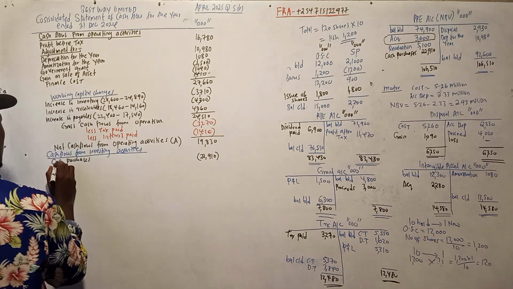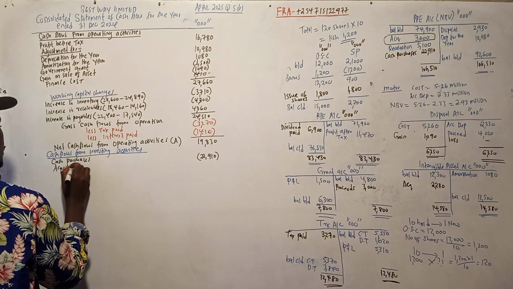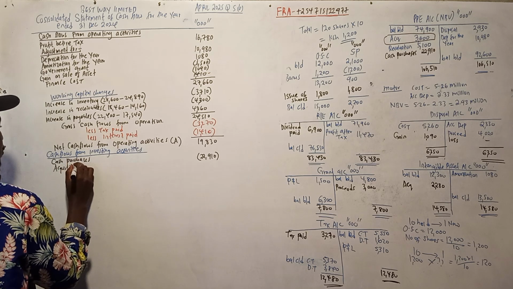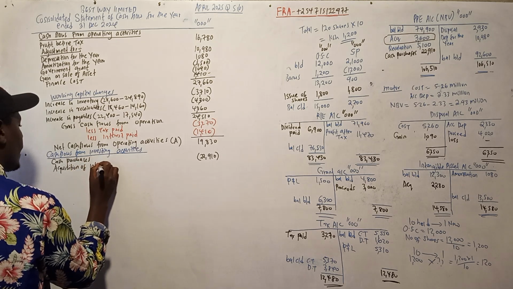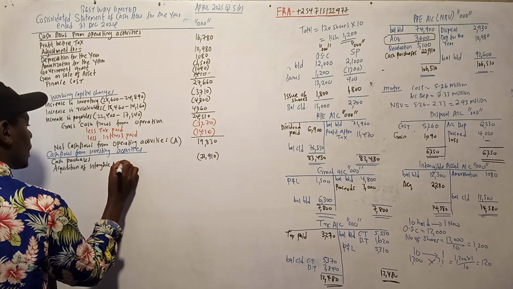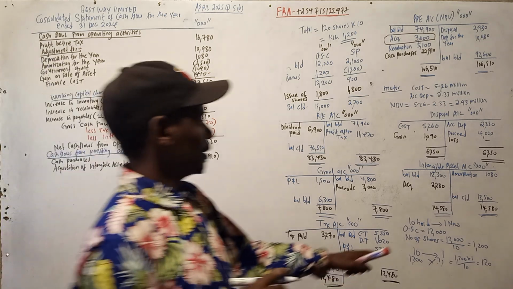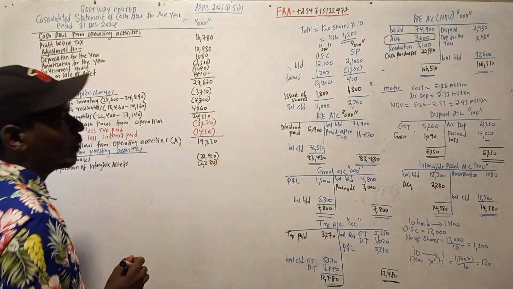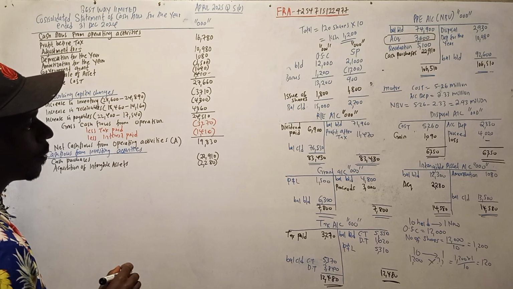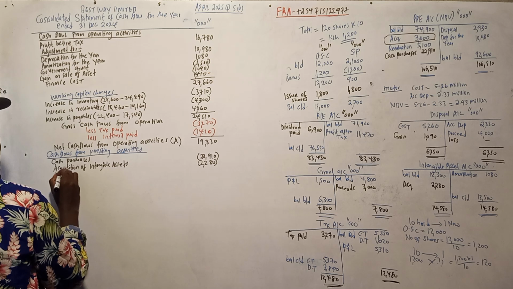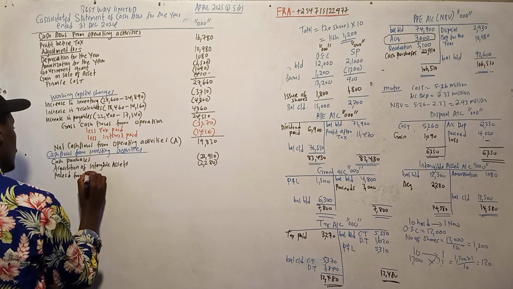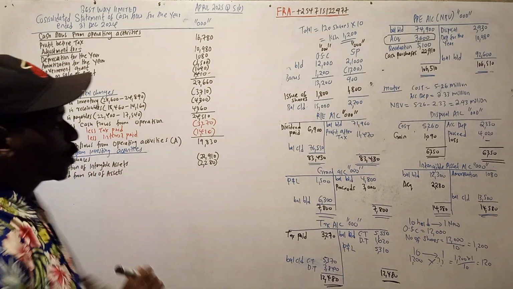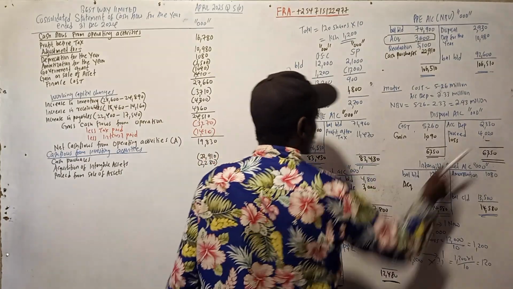We also have acquisition of intangible assets, here it is 2280. Then you have proceeds from sale of assets. The proceed is 4020.